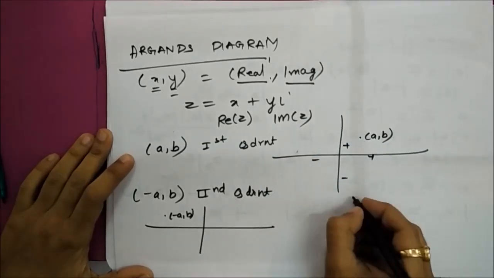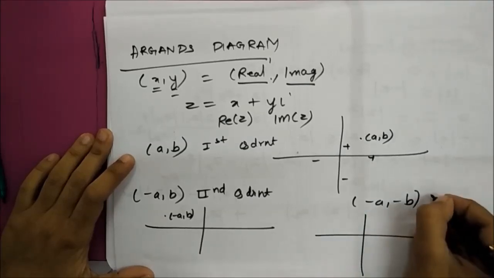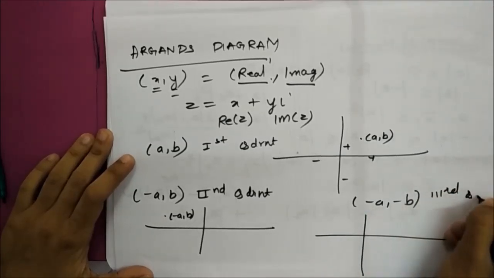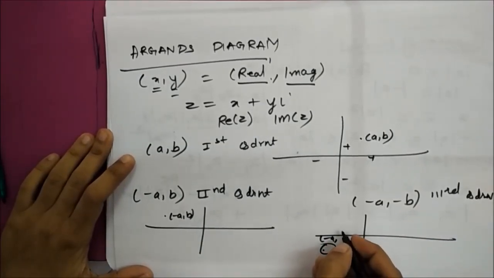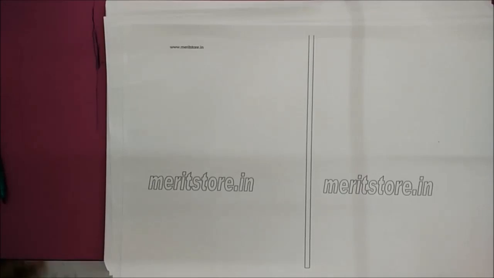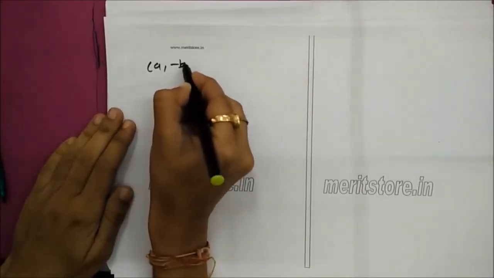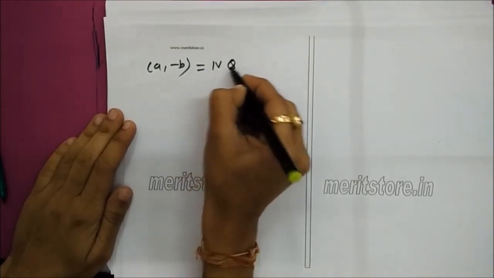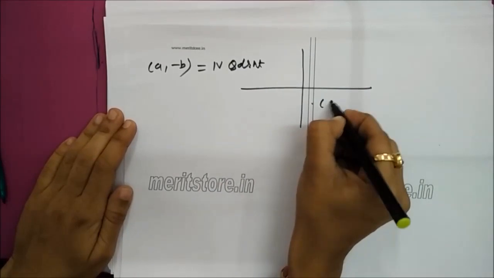If your number is minus a minus b, it is purely in the third quadrant. And the next one, that is the last one, a minus b, it will be purely in the fourth quadrant. So somewhere here.